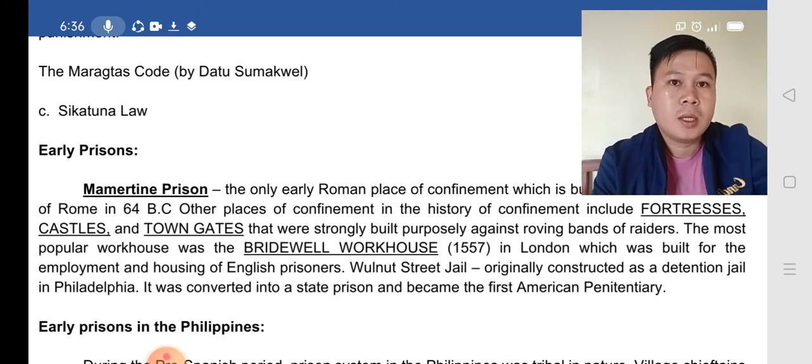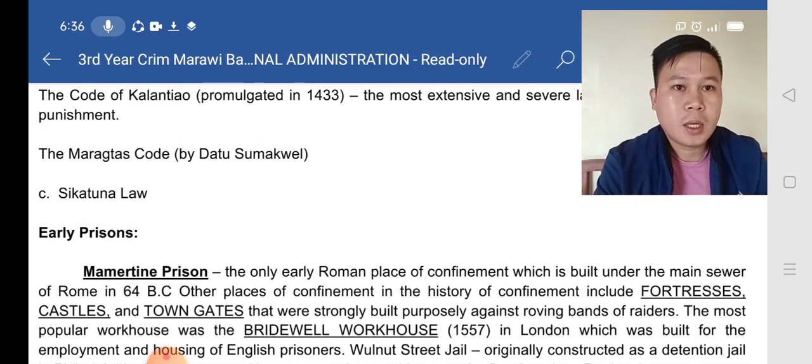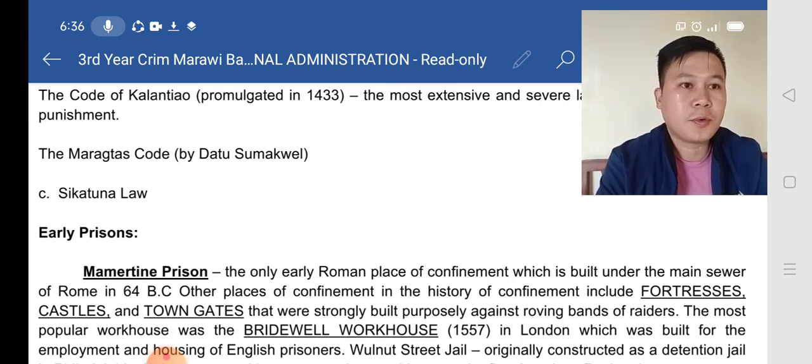So, the early prisons that existed in the Roman is the maritime prison, which is called as fortresses, castles, and town gates. Kung dito niyo makikita, nag-evolve si fortresses, castles, and town gates.